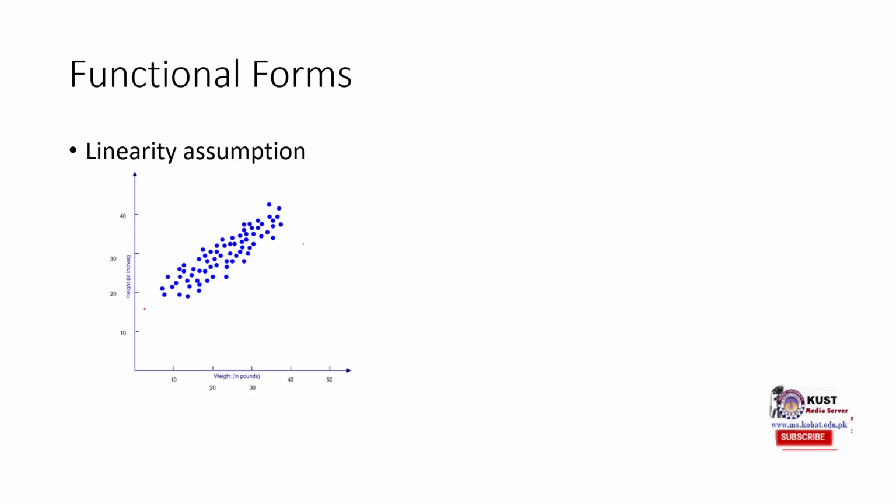And if we regress a model, it would give us a straight line that would be representative of this data. And this would be somewhat our model.